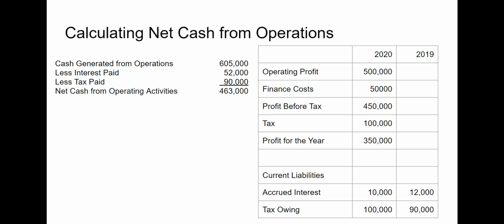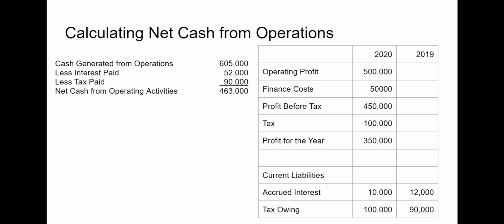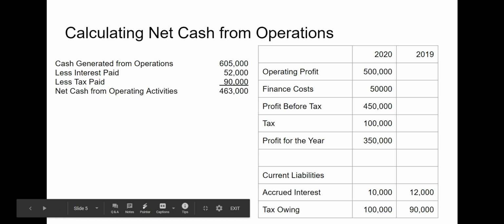And the reason for that is we're looking at the actual cash outflow, and at year end, the business wouldn't have known that it owes the government £100,000 because it's yet to calculate its profit. So we pay tax. Businesses normally pay tax about 6 months after the year end. So the physical amount paid will be this 90,000.